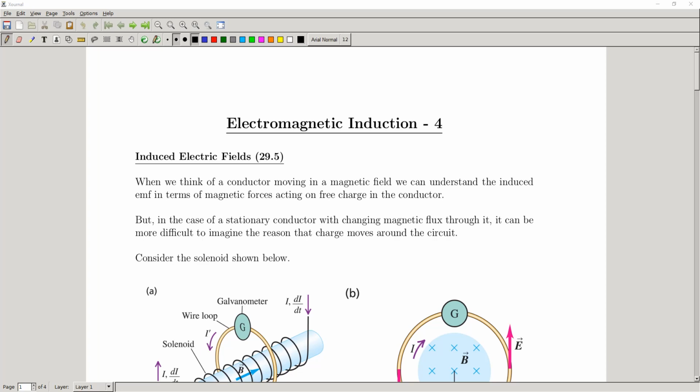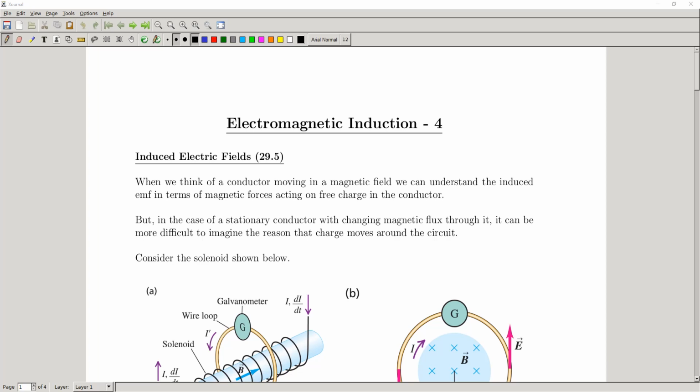As the slide wire moves through the magnetic field, magnetic forces are going to be pushing charges around in the slide wire, and so we can understand why there's going to end up being an EMF. If we place this thing in a generator, we can understand why it's pushing current around the loop, right?